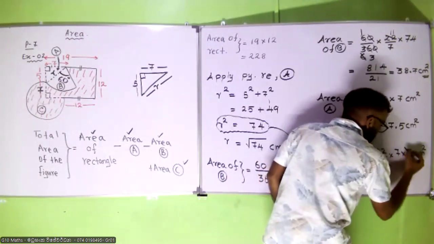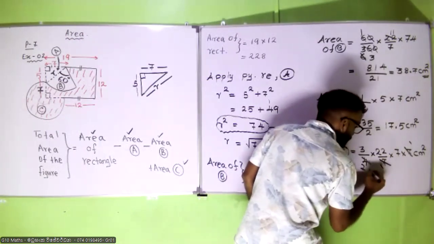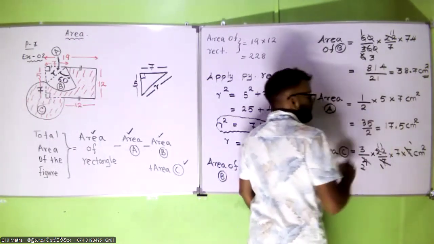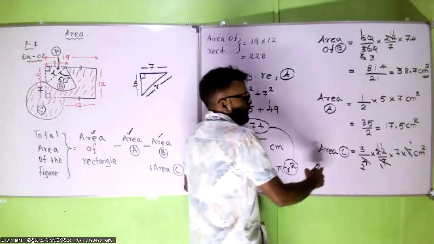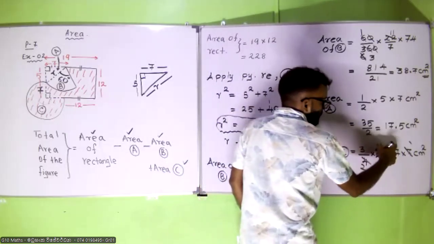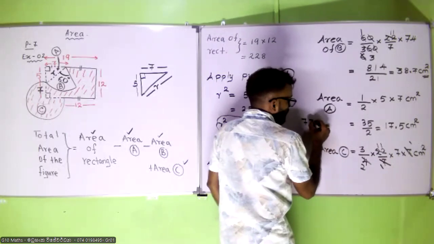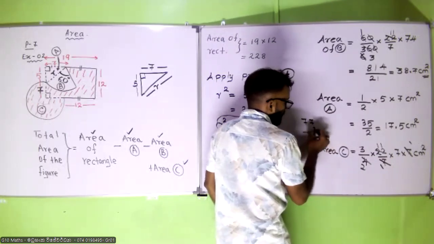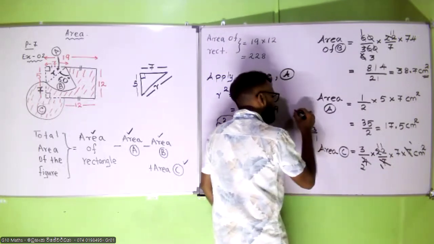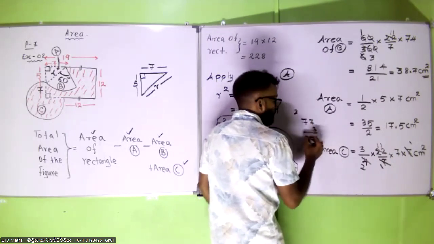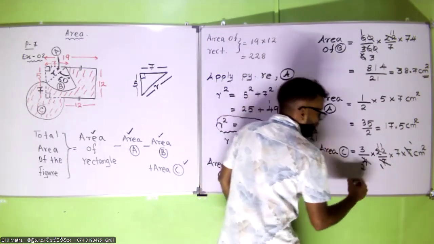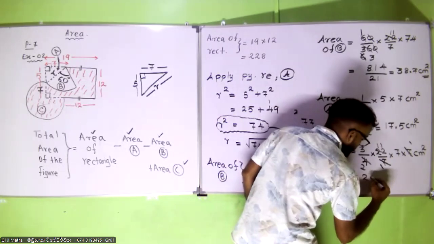7 times 1, 7 times 1, 2 times 2, 2 times 11. 11 into 7, 77. 77 into 3, 3 times 7, 21, 231 in the numerator.